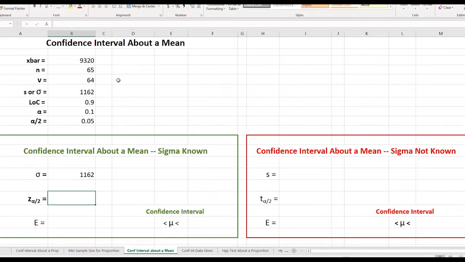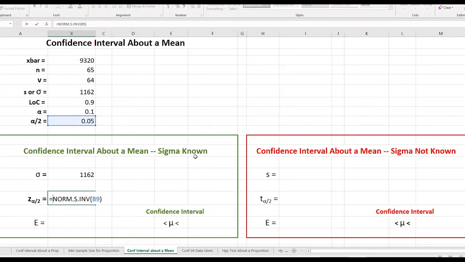We have z sub alpha over 2, and if you remember from last video, that equals norm.s.inv of alpha over 2. It's going to give me the negative result, so I'm going to do that little trick I did last time and nest this within an absolute value.